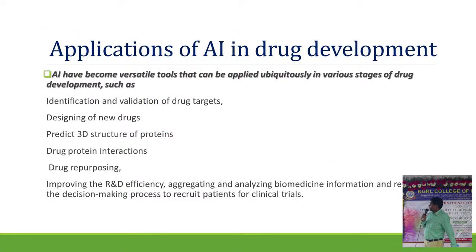Applications of artificial intelligence. So I will complete within 3 minutes. So artificial intelligence is a versatile tool that will be used in the drug discovery as well as drug design and also drug development. And in that, identification and validation of drug targets like proteins or genes, designing of new drugs, and prediction of the 3D structures of the proteins.